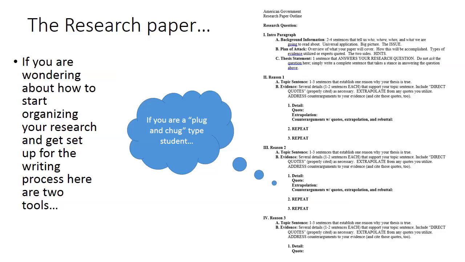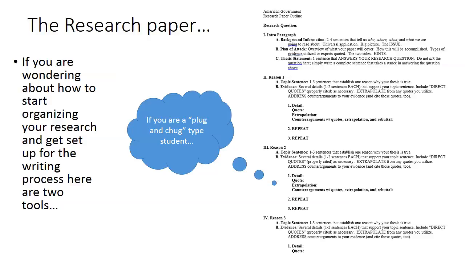I emailed everybody these next couple of tools, and the sub has a couple of copies if you need a paper copy of it. A lot of you have asked some questions about how you organize this and start writing it, and I've got two tools for you.